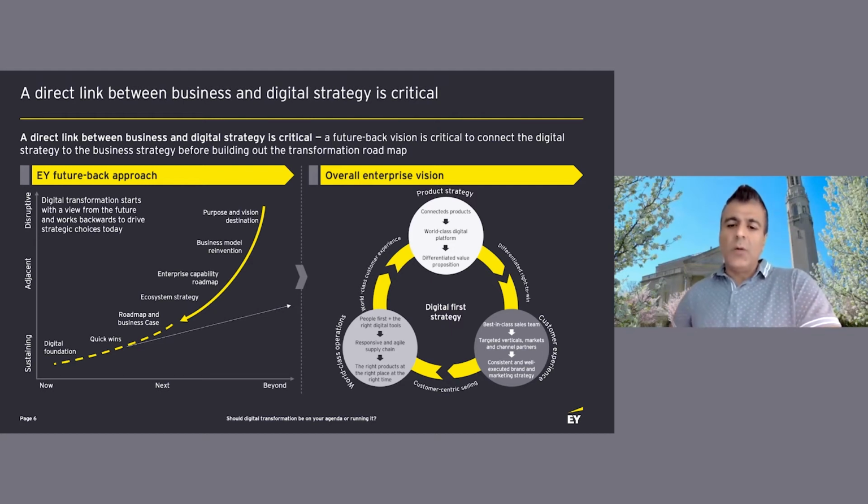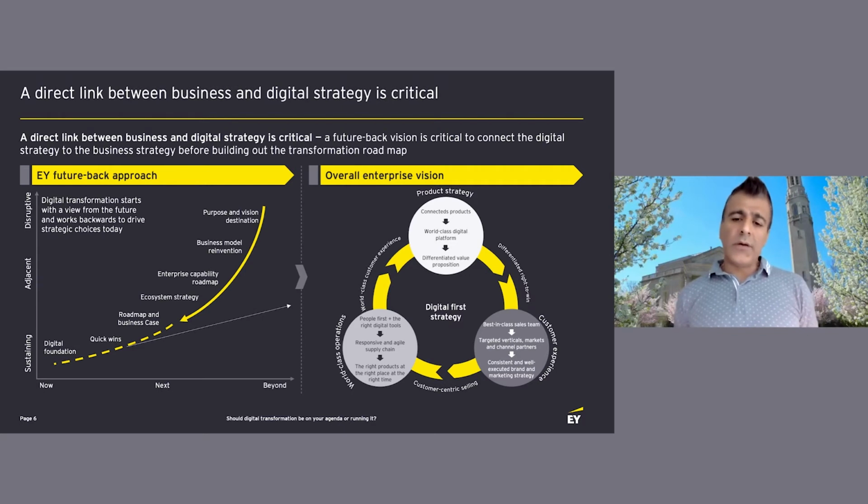The way we do this at EY is with a process called future back, because most clients take an incremental approach based on where they are today, as opposed to looking 10 years out with a clear understanding of what their vision is, what their purpose is, what business model will be required to capitalize on the market opportunities in the future, and what capabilities they will build, buy, or partner for, with an ecosystem approach to these capabilities. That should really feed into their digital roadmap before they embark on any experimentation, proving out the value behind digital.